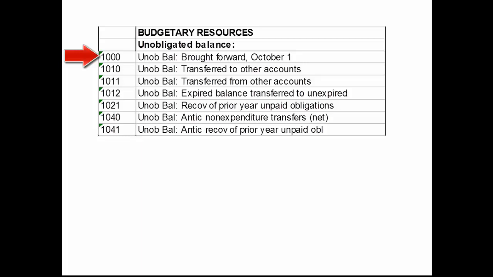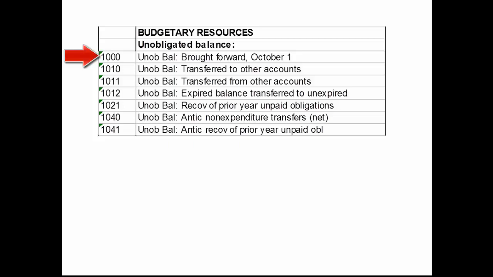Why do we care about this amount? Well, if our account is unexpired, like a multi-year or no-year account, these funds on line 1000 are available for new obligations, and we use the SF133 to determine the proper amount available to apportion. If the account has expired, the amount on line 1000 would identify the amount available for upward adjustments.